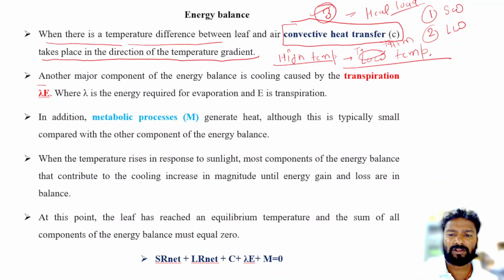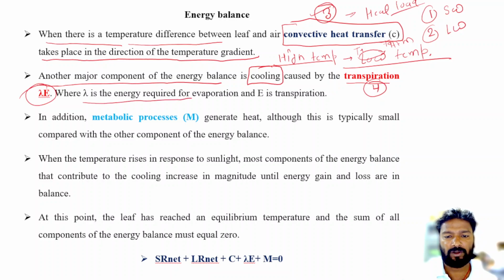Now the fourth component is transpiration. Another major component of the energy balance, which is useful for the cooling of the leaf, is transpiration, that is lambda E. Lambda is the energy required for the evaporation process, and E is the transpiration. The last component is the metabolic energy.